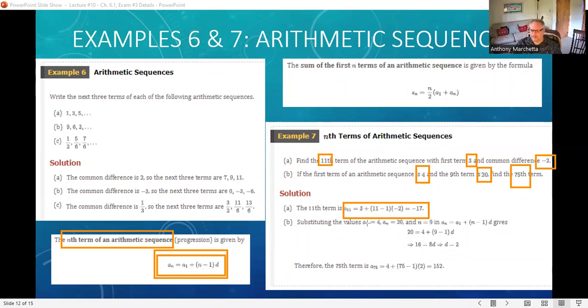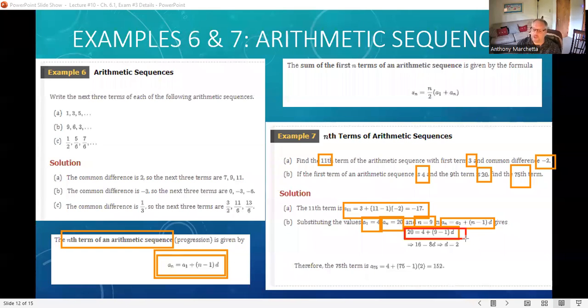If a sub 1 equals 4, and a sub n equals 20, which is the 9th term, and n equals 9 in that case, then you have this formula. And this formula gives you this. That sentence, and I'm going to highlight it in red one more time, has everything but d in it.